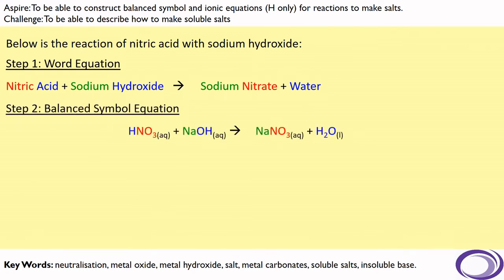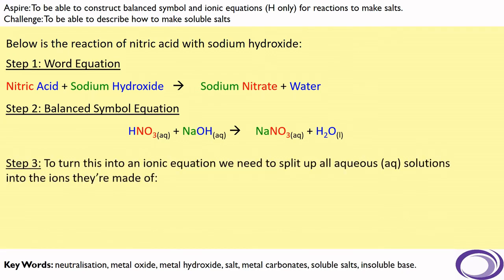But what we can do is we can also write the symbol equation HNO3 plus NaOH forms NaNO3 plus H2O. You might notice that the HNO3, NaOH and NaNO3 are all aqueous, which means they are dissolved in water.